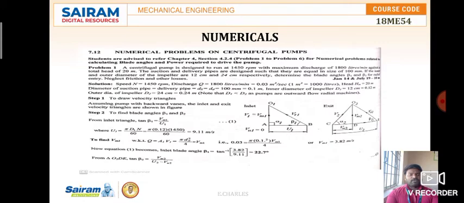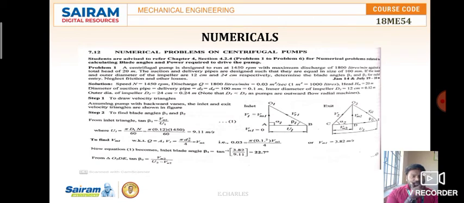Then we find out Vm1 with respect to discharge, Q is equal to A1 V1, where A1 is nothing but the area, pi by 4 ds square, that is the diameter squared, into Vm1. So if we calculate, we will get the beta 1 angle as 22.7 degrees.